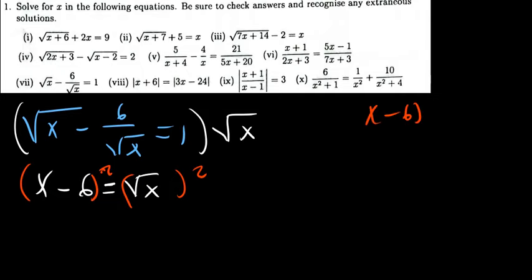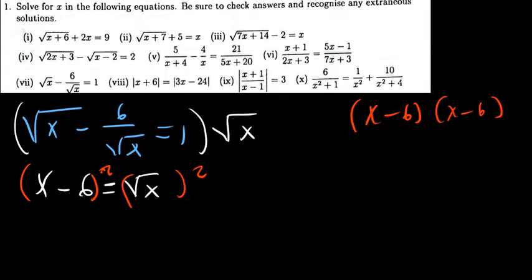The square root of x times the square root of x is just x. The square root of x times 6 over the square root of x is going to give me 6, because they will cancel. I'll have x minus 6 is equal to 1 times the square root of x, which is just the square root of x. When I reach this point, I can now square to get rid of the square root. So it's x minus 6 squared.